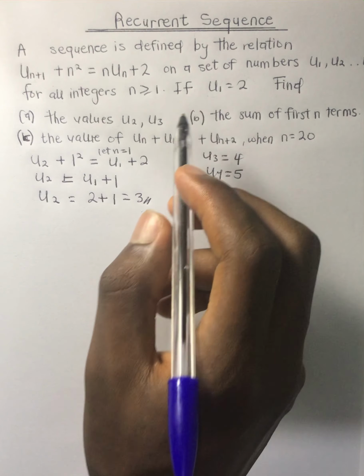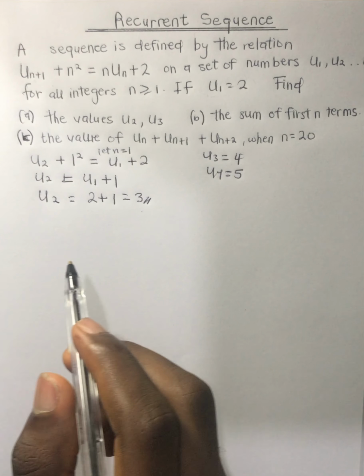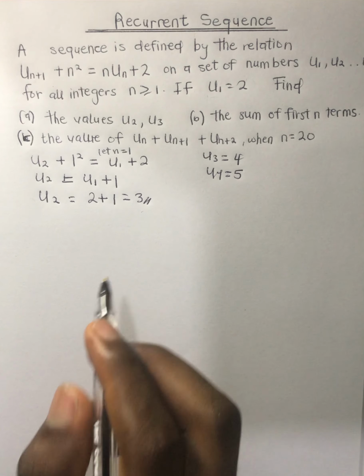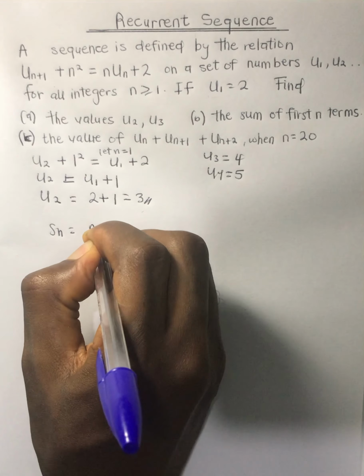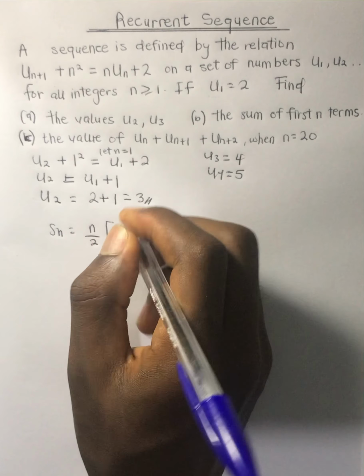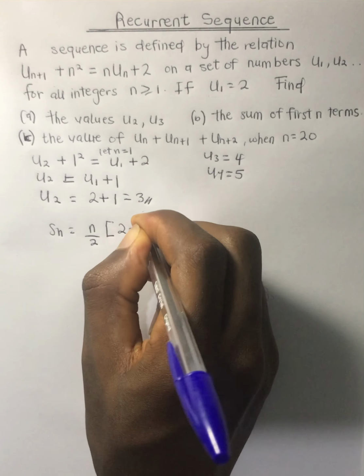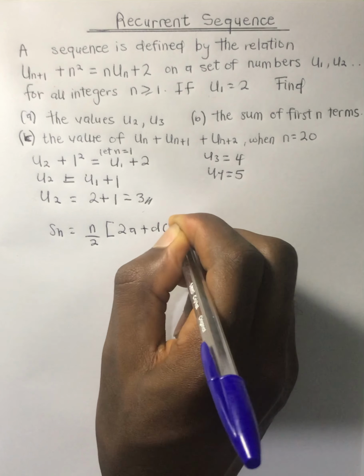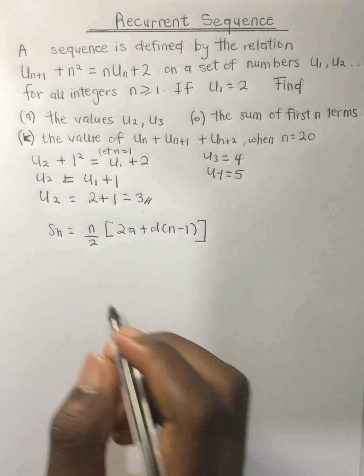Now we've also been asked to find the sum of the first n terms. Of course, we use the formula Sn is equal to n over 2 multiplying the bigger bracket 2a plus d multiplying n minus 1, and of course we have to close our bracket.